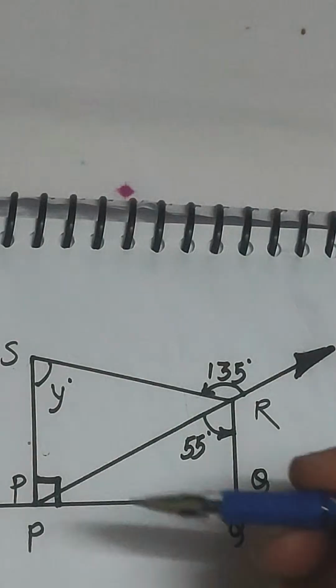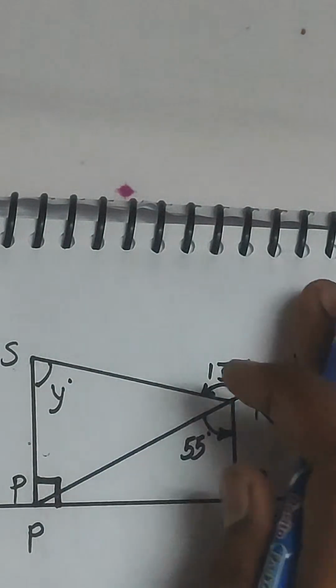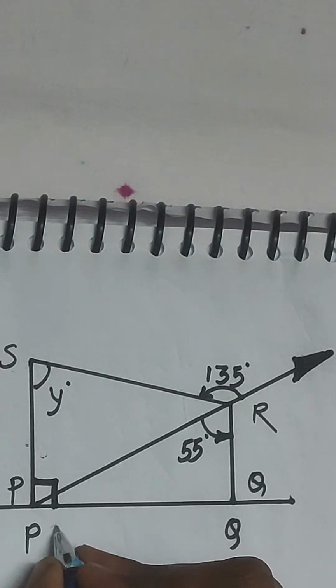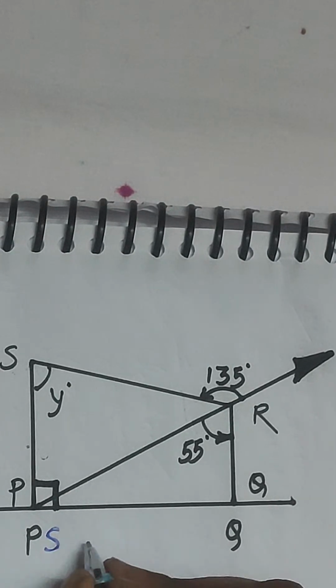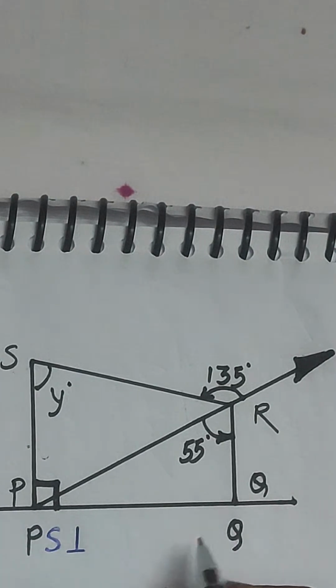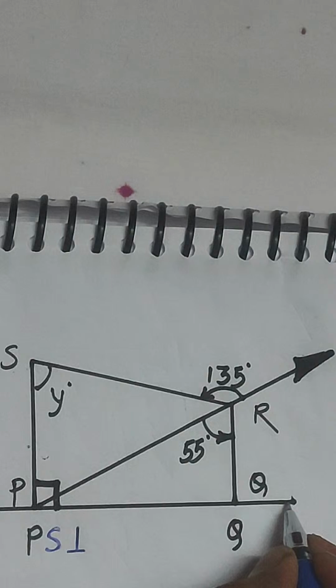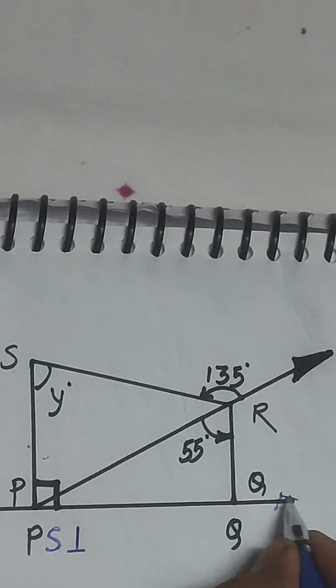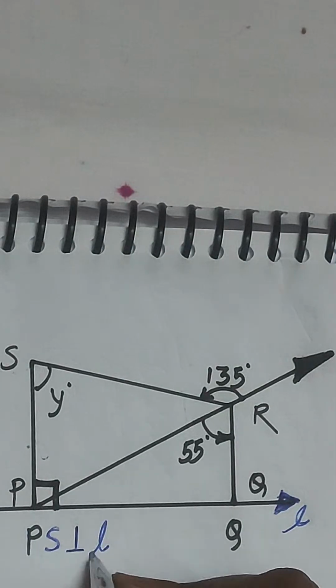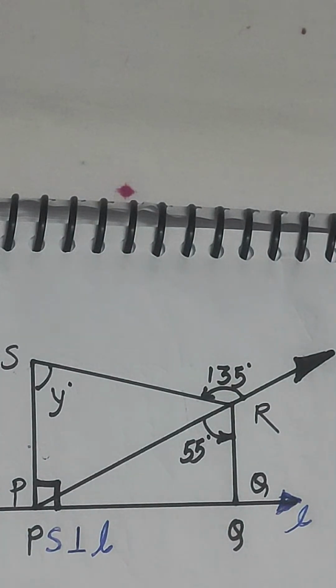PS, that means this line PS, is perpendicular to this line. Let's say this line is L. So PS is perpendicular to L, right?